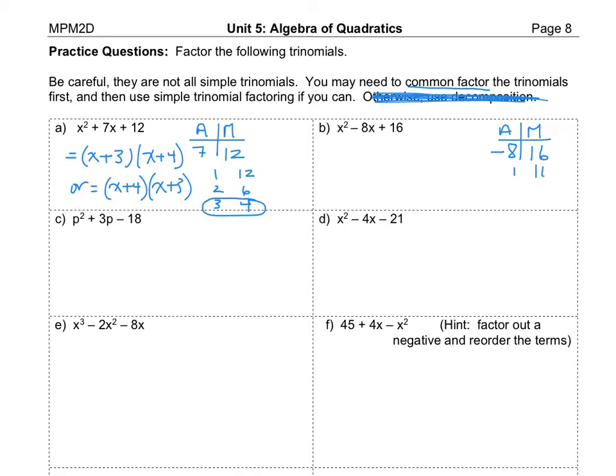I'm going to list my factors of 16. 3 doesn't go in evenly, but I could have a 4 times a 4, and then we're going to make both of those negative, and the pair that adds to negative 8 is this pair here, which then means when I factor this, it'll be x minus 4 times x minus 4, which also could be written as a special product of x minus 4 all to the exponent of 2, because we're really taking x minus 4 and multiplying it by itself. All right, next example.